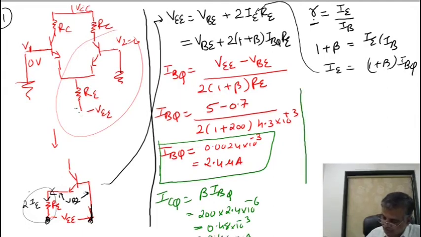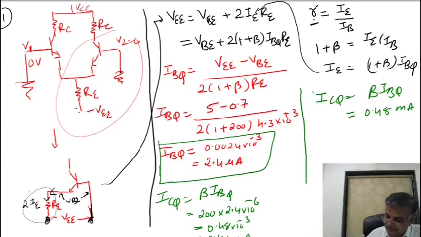In short, you can write ICQ is equal to beta into IBQ. So you are getting 0.48 milliampere. This is your second answer.